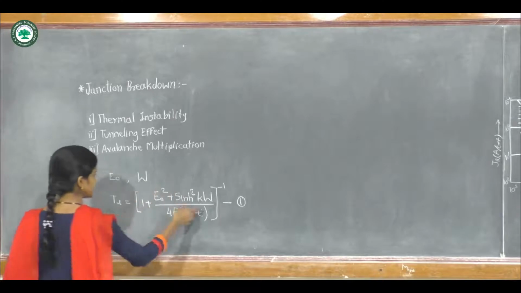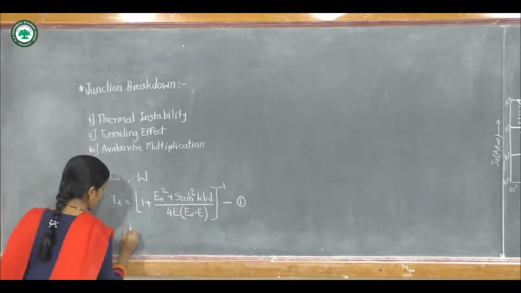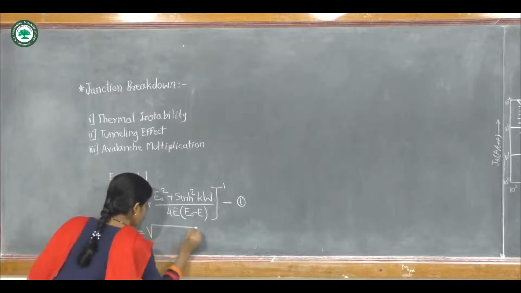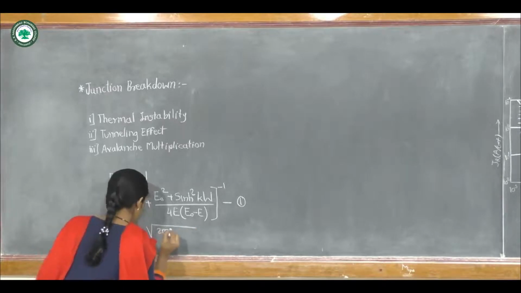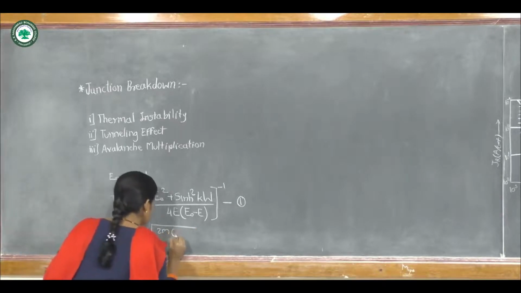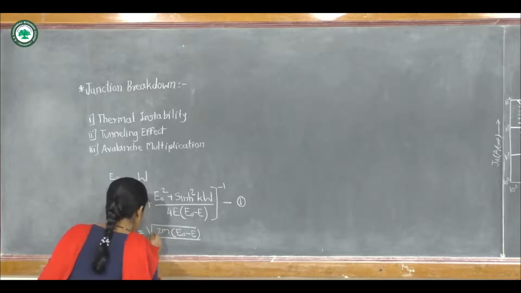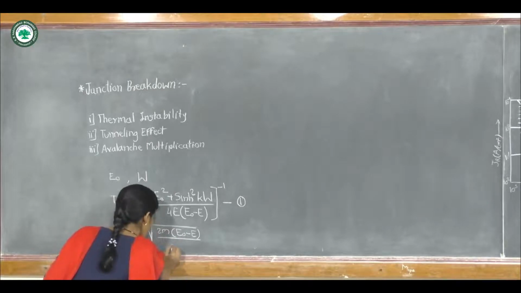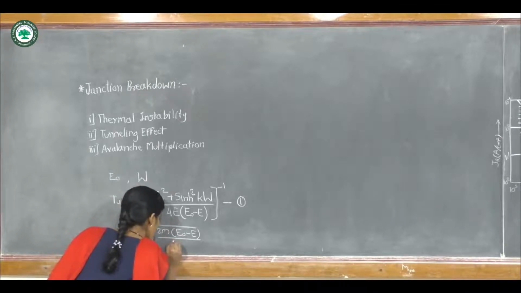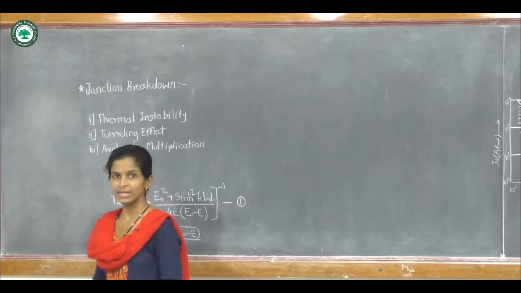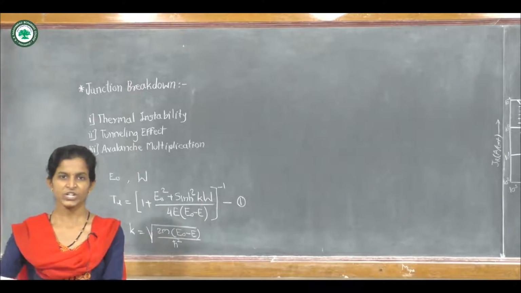where K is equal to the square root of 2m into E0 minus E upon h cross square, where E is the energy of carrier.